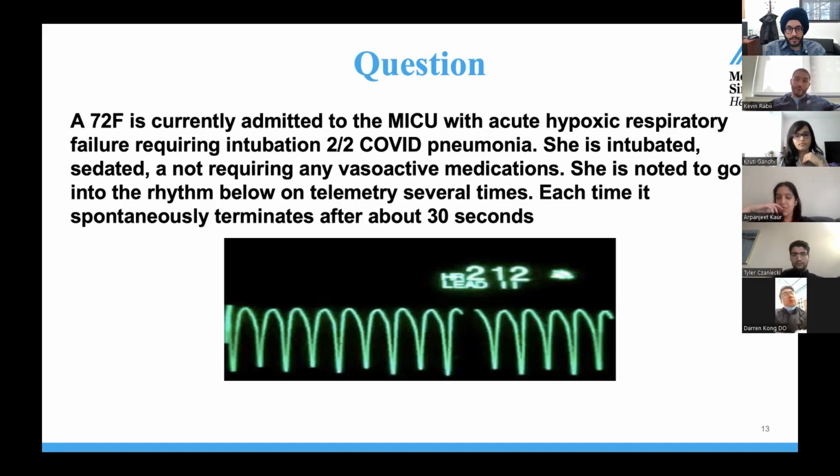So would you order anything in terms of medications? Do we have the vitals for him? Because I think we need to see if the patient is stable or not. So let's say every time this terminates, the patient is stable, not on pressors, and basically goes back into a sinus rhythm at like 90. So everything is overall hemodynamically okay.